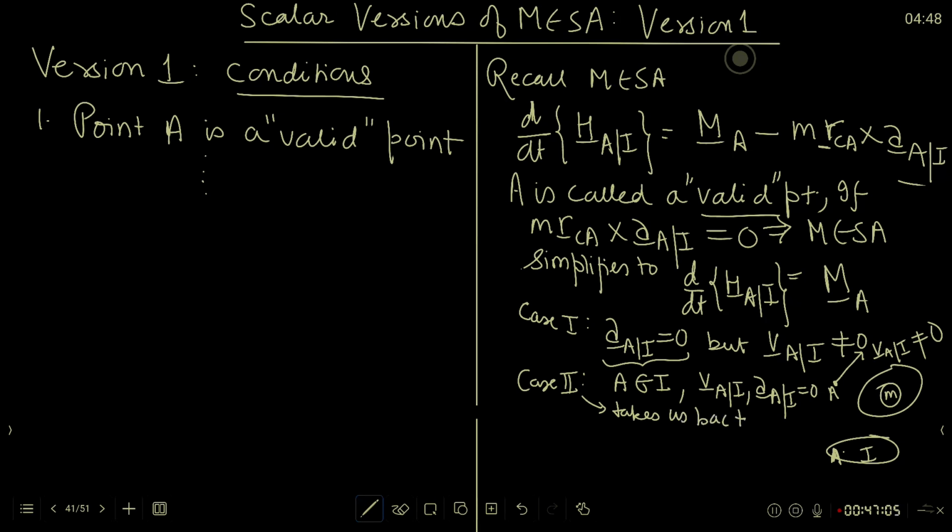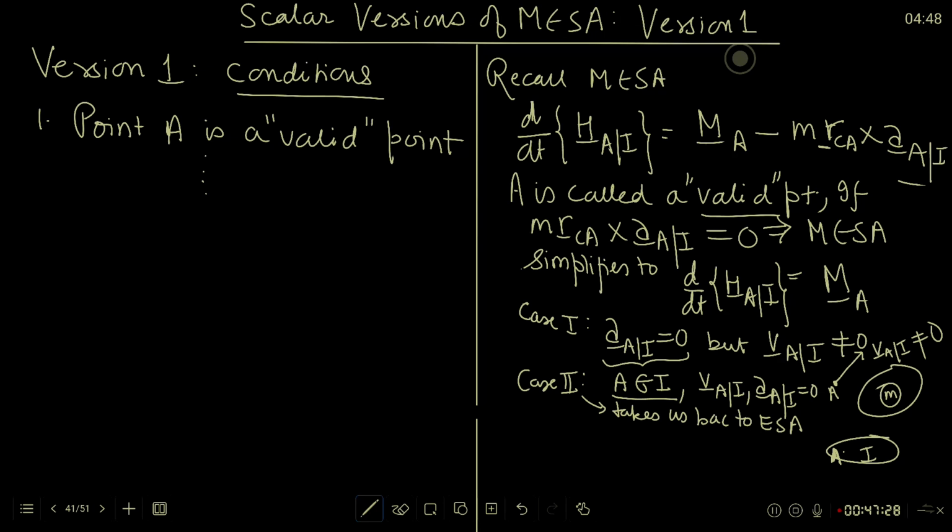After all, in ESA, what was the point about which angular momentum was computed? It was O fixed in I. That is the same as this situation when A is fixed in I. So of course MESA should be valid whenever ESA is valid. So that is the second case.